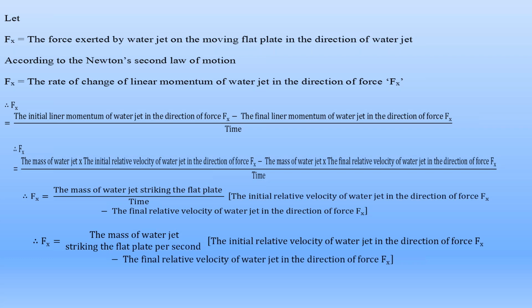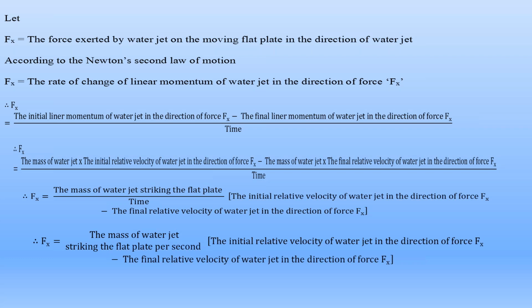Because the initial relative velocity is along the x-axis, the initial relative velocity of the water jet in the direction of force Fx is V minus U. Whereas the final relative velocity VFR is acting along the y-axis.